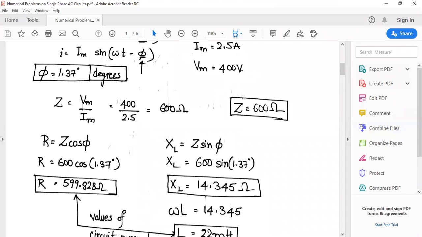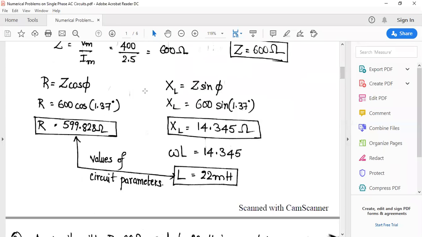So Z, how you can calculate the impedance is, this is an AC circuit, we are having impedance, so you can calculate by Vm by Im. So Vm is 400, Im is 2.5, you will get impedance as 600 ohm. So next, as I told you, you are having resistance and inductance as the circuit element.